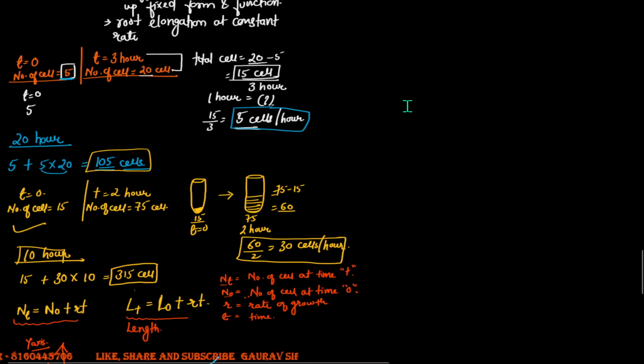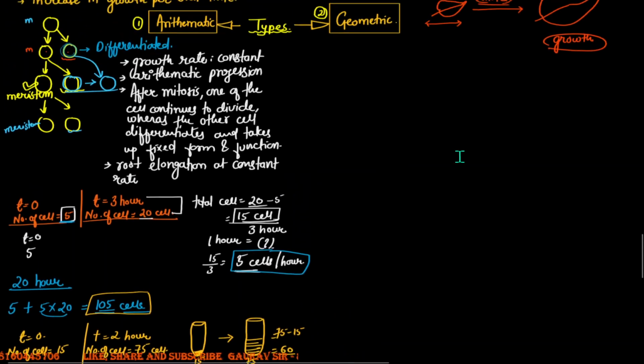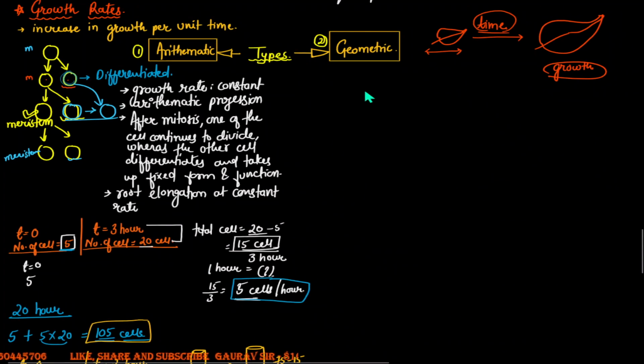All right, now coming back to our topic for the video, that is geometric growth. Most of the cells that we see around us divide in this geometric type, they show geometric growth. So what would happen here? We have a cell, and this cell divides and forms two daughter cells.